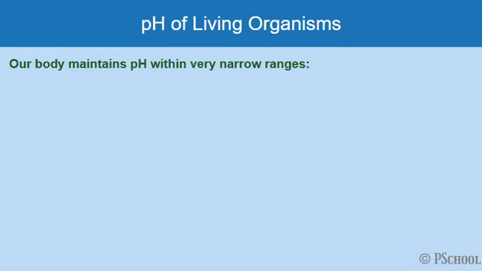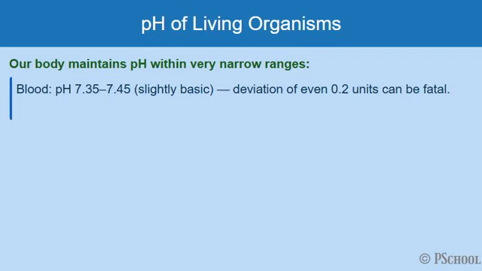Our body maintains pH within very narrow ranges. Blood, pH 7.35 to 7.45, slightly basic, a deviation of even 0.2 units can be fatal.